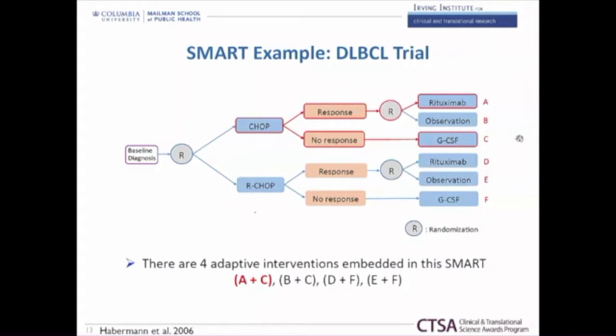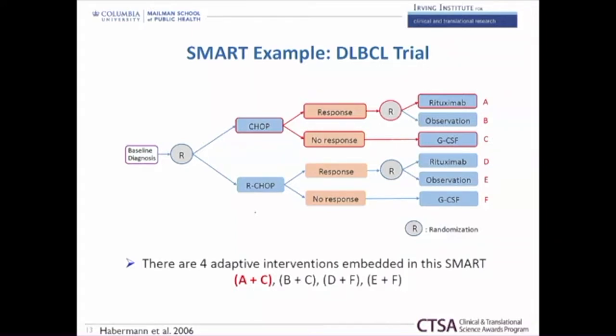The previous example of a 2-stage adaptive intervention is highlighted in red in this design diagram, by which we give the patient CHOP at stage 1, rituximab at stage 2 if the patient responds, and GCSF at stage 2 if the patient fails to respond.